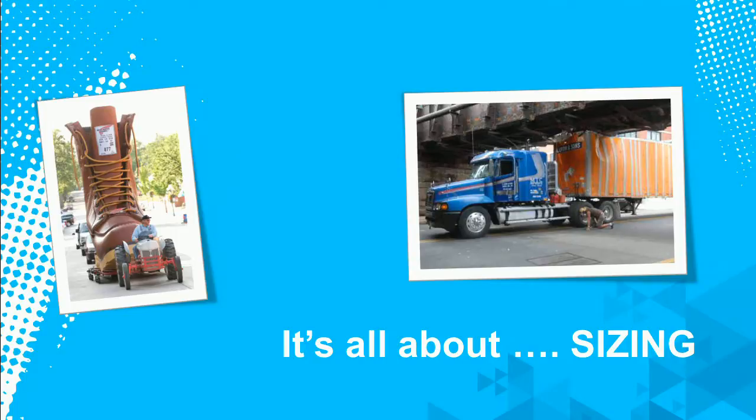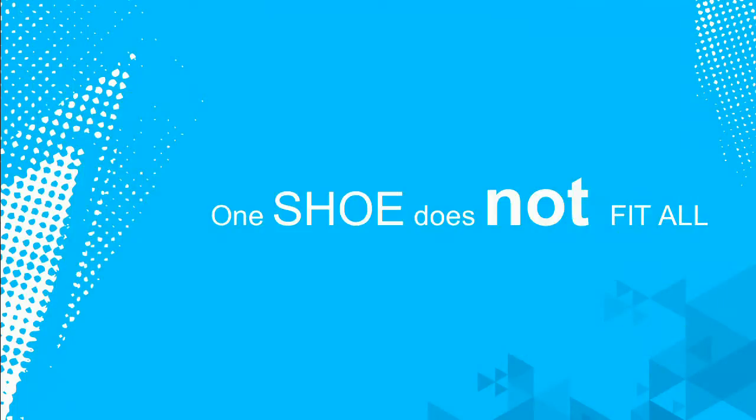If you look at this semi, right? There definitely needs to be some alignment in order to make sure that you have the right size and you could fit. The right tool for the right job is very important. So you'll see that when we look at data warehousing, one shoe does not fit all. There are different kinds of workloads.